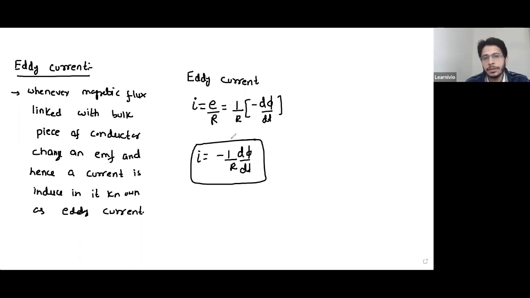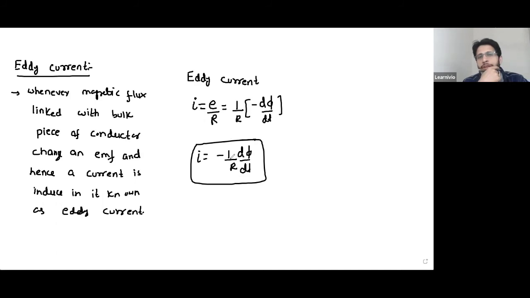The only difference is the system in which you will have eddy current. For induced current, you need a proper coil or closed circuit. But for eddy current, you just need a bulk piece of conductor. If you can change flux through that piece of conductor, then eddy current will be induced.